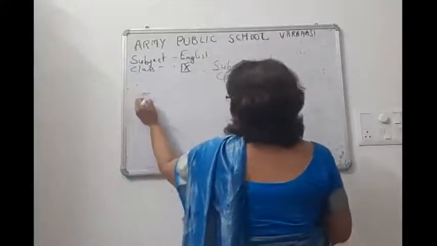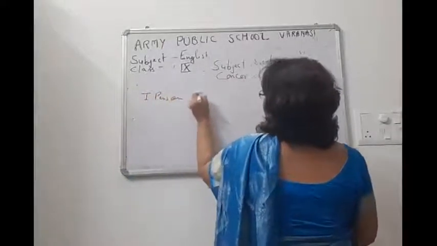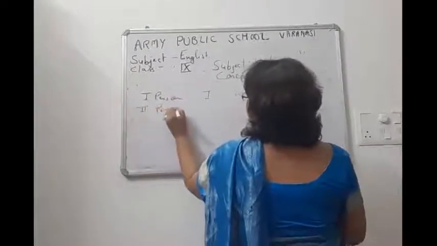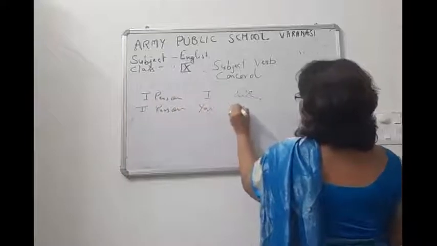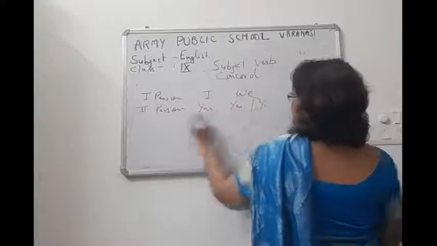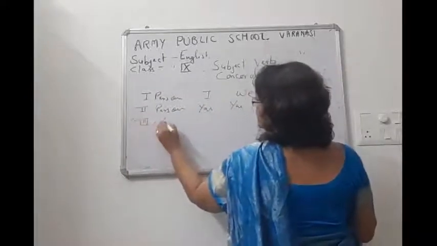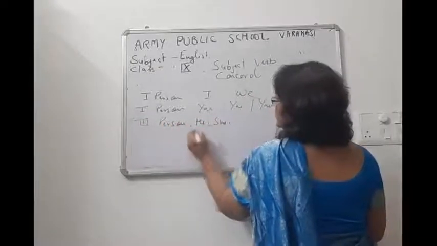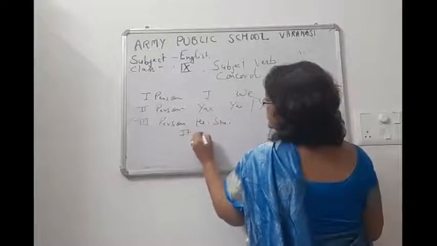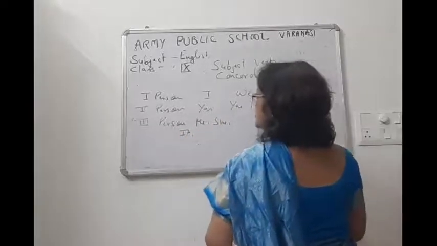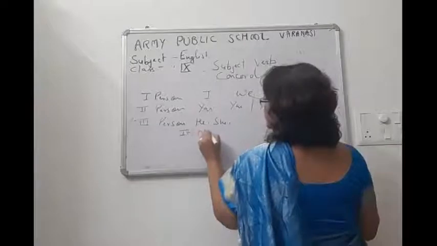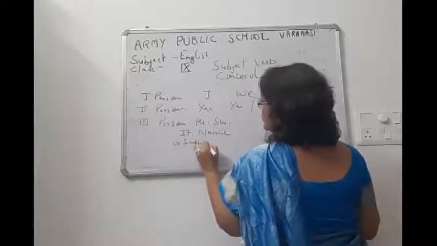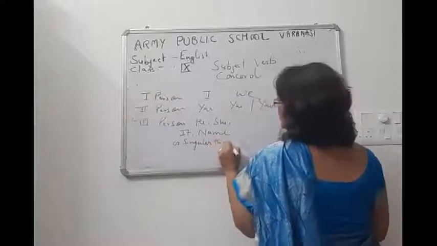So what is first person? I, we. Second person, you, your. And third person is he, she, it, name, or singular thing.